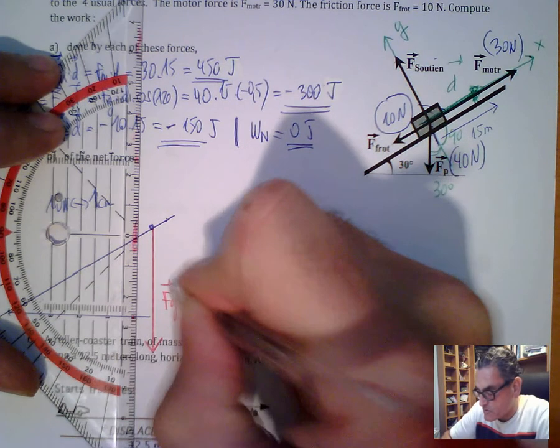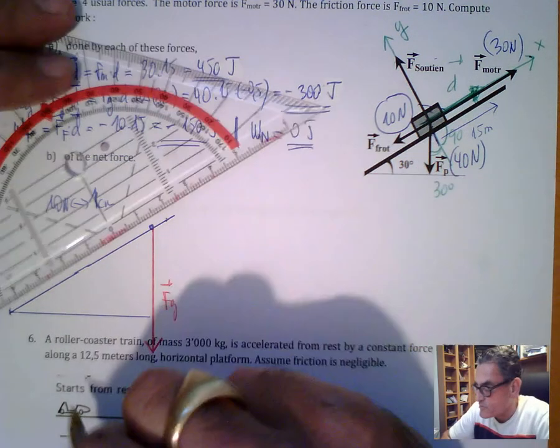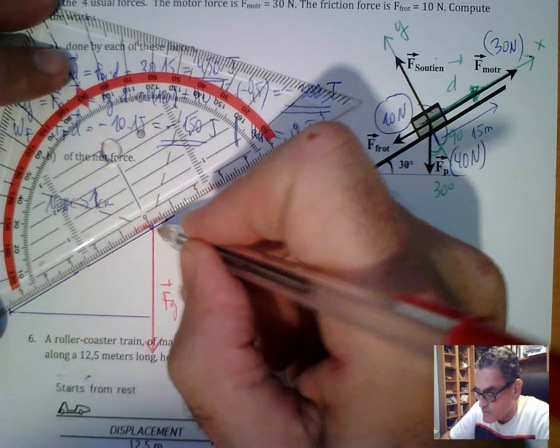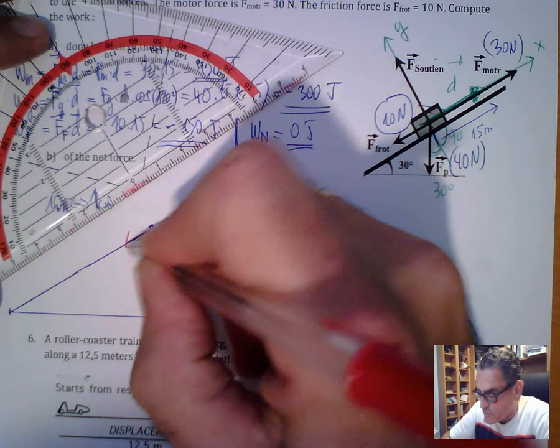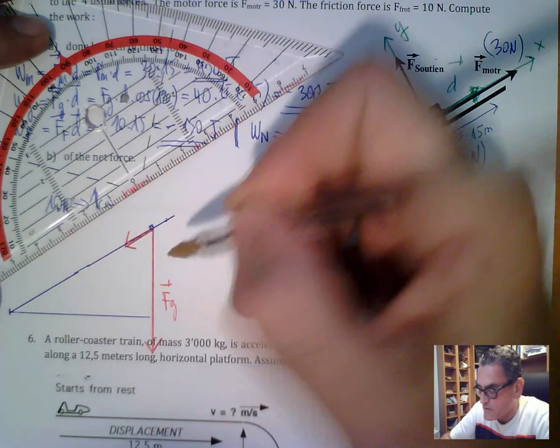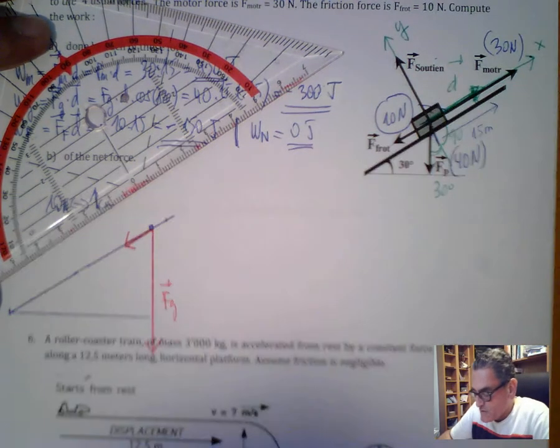This is the gravitational force. The friction force is 10 newtons, so this is going to be a force of length 1 centimeter here. Good.